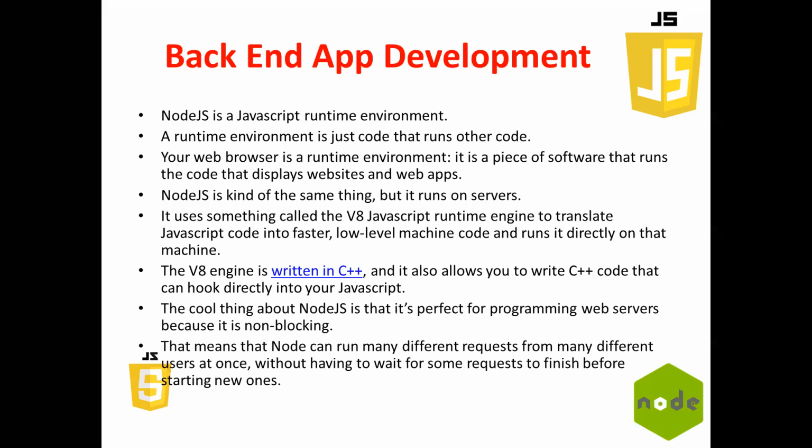That means Node can run many different requests from many different users at once. For example, if many requests are made to the server, Node.js can easily manage all of them without having to wait for some requests to finish before starting new ones.